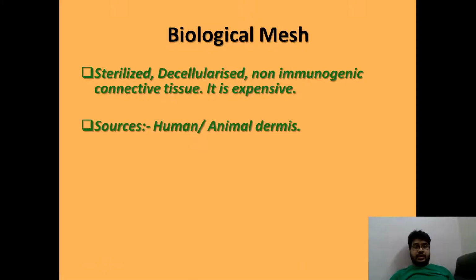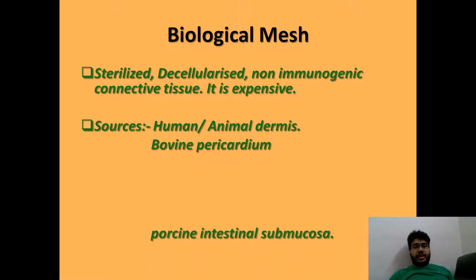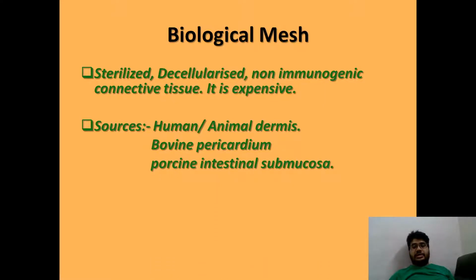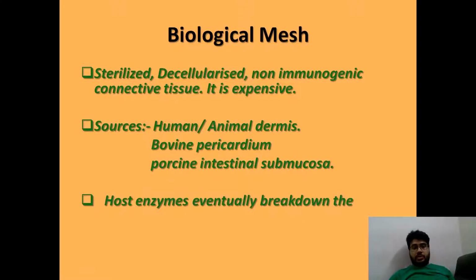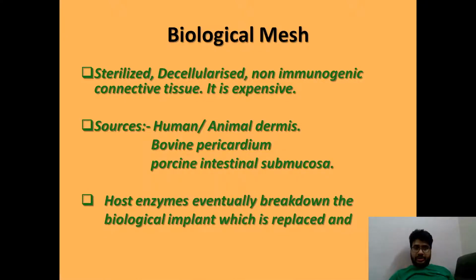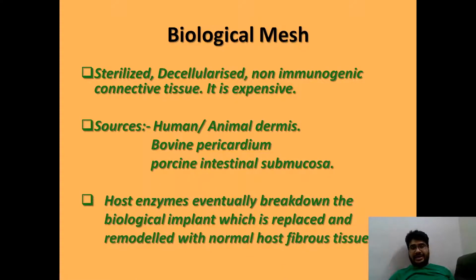Sources are human or animal dermis, bovine pericardium, porcine intestinal submucosa. Host enzymes eventually break down the biological mesh, which is replaced and remodeled with normal host fibrous tissue. So it is biological, more natural, but chances of degradation are obviously there, and it is expensive also.